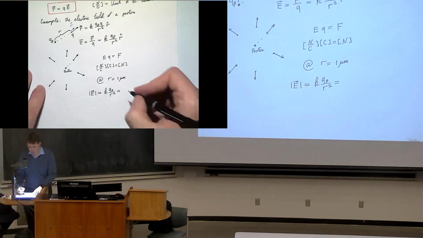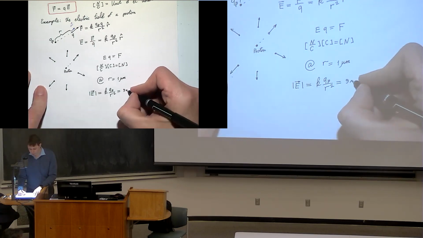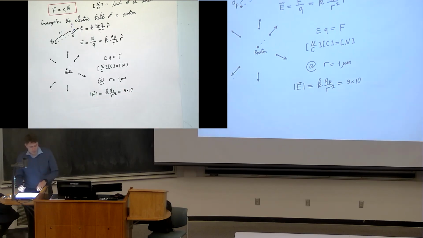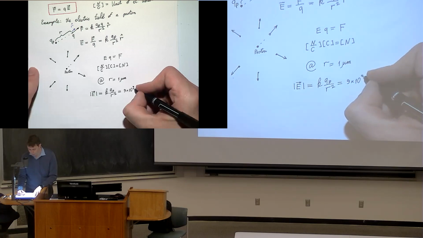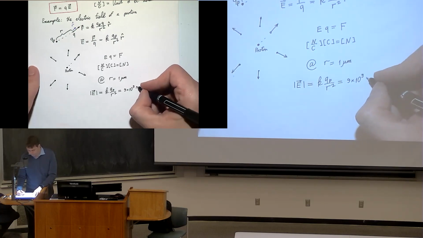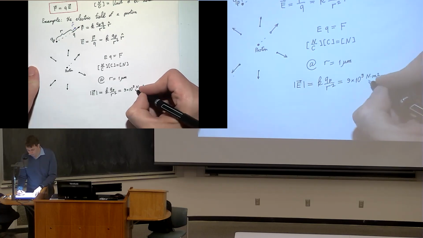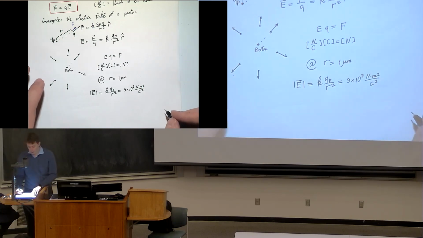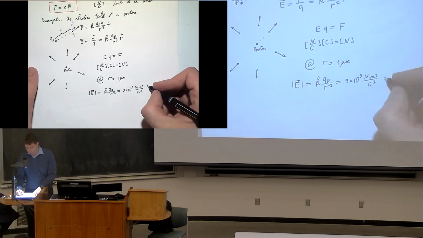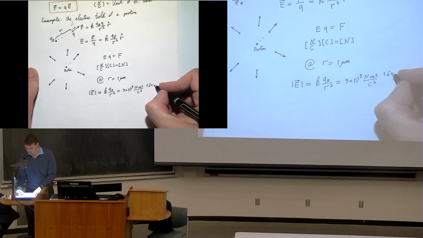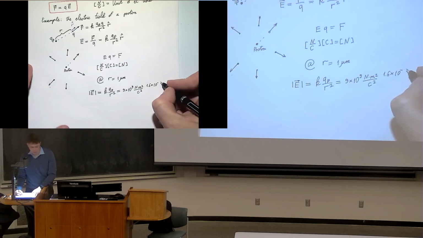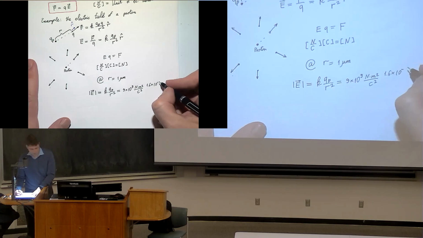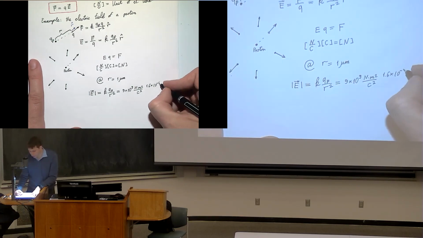And let's plug in the numbers. 9 multiplied by 10 to the 9 newton meter squared over coulomb squared. The charge of a proton, 1.6 multiplied by 10 to the minus 19 coulombs.